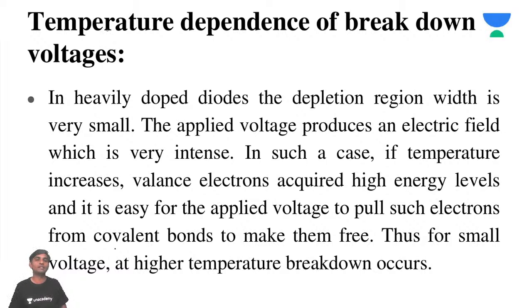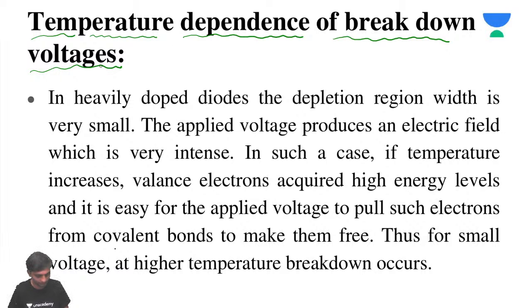Now, what happens to breakdowns with temperature? So, the temperature dependence of breakdown voltage. In a heavily doped diode, the depletion region width is very small. That is what we just discussed. Yes or no?